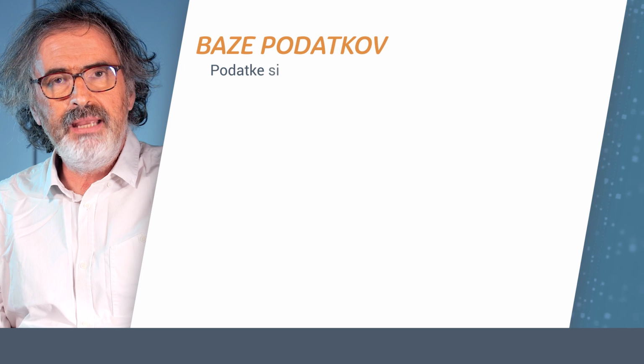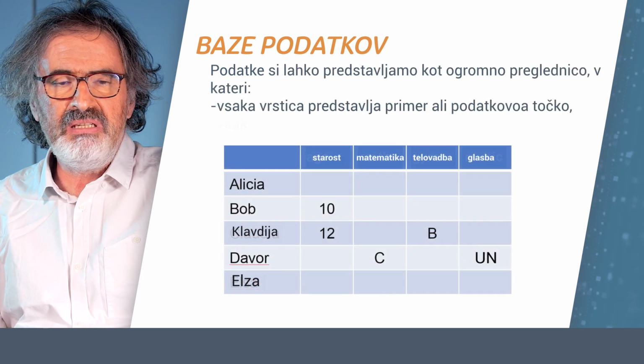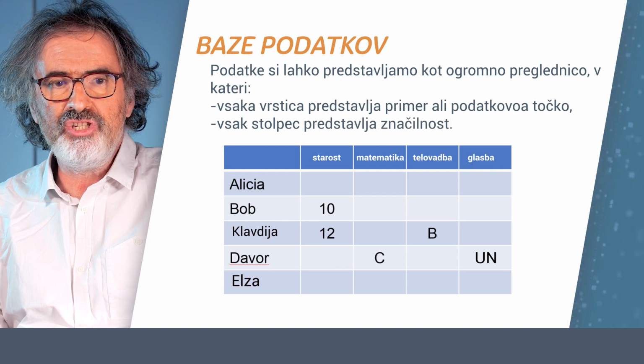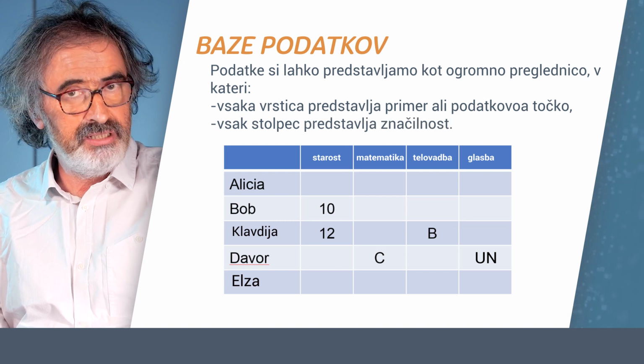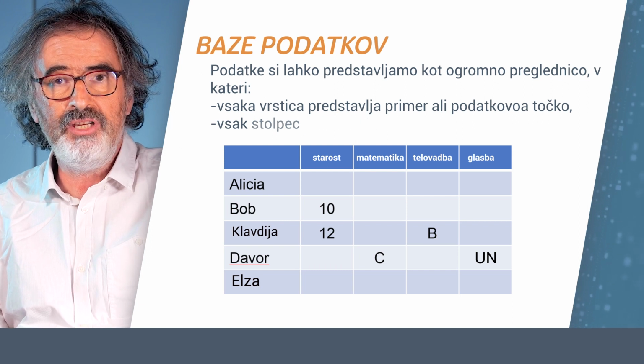Thanks to the features, we can now take our data and enter it into databases. A database can be seen as a table or a spreadsheet where the lines correspond to the examples and the columns correspond to the features.